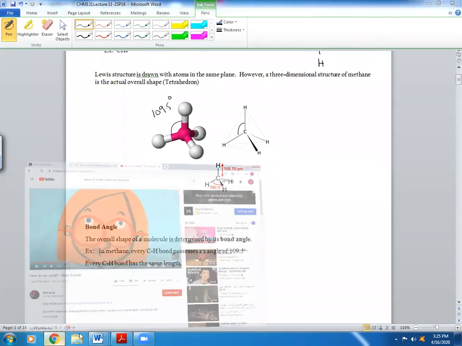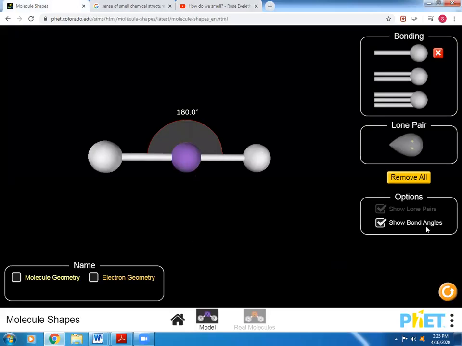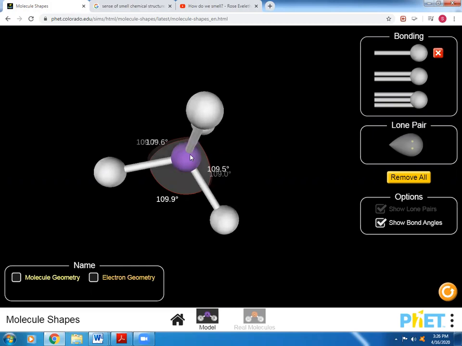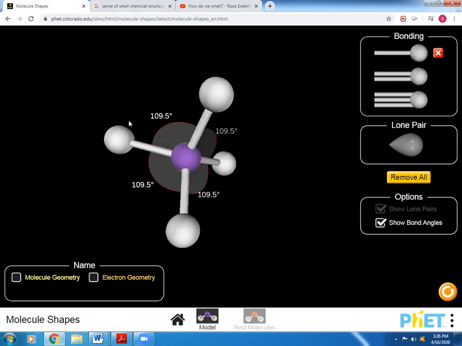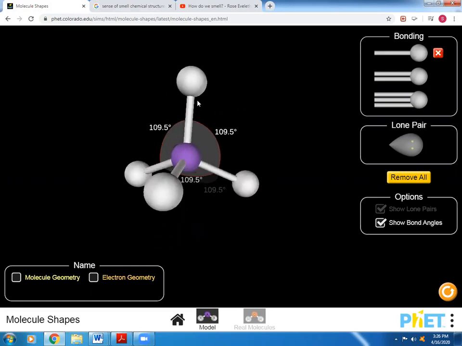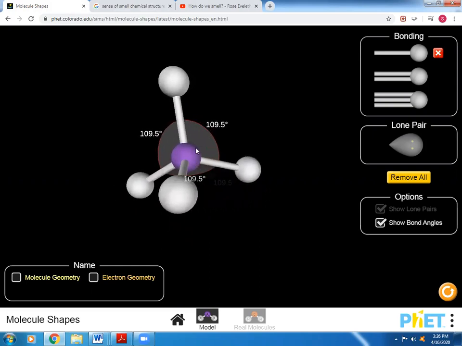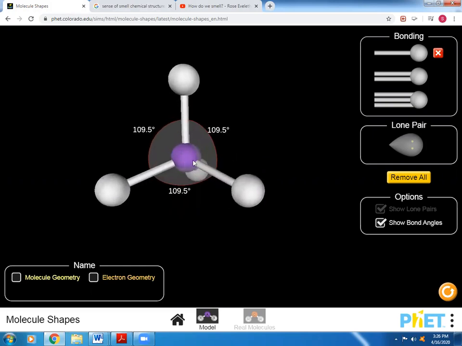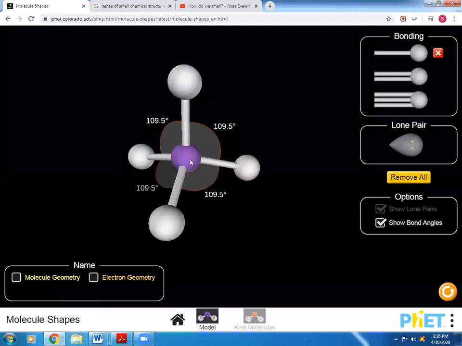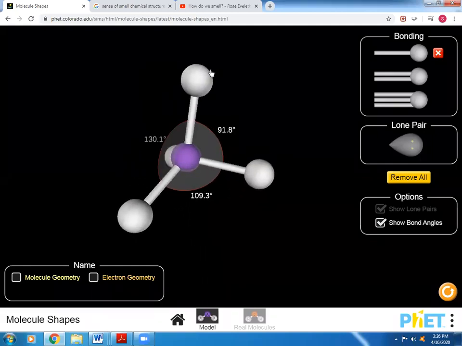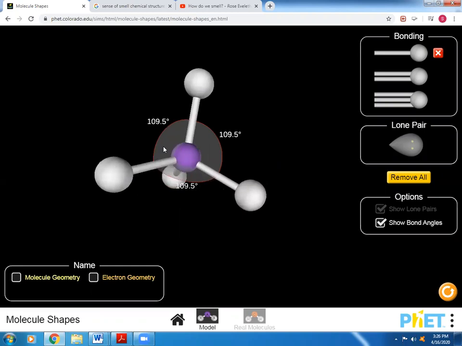So to show you this in a better fashion is this simulation that I will refer to a lot. So hopefully you can see this from your view and notice that this is the structure of methane. Here's carbon in the middle, and those are the four hydrogens. And again, notice how it has what we call a tetrahedron or a tetrahedral structure.